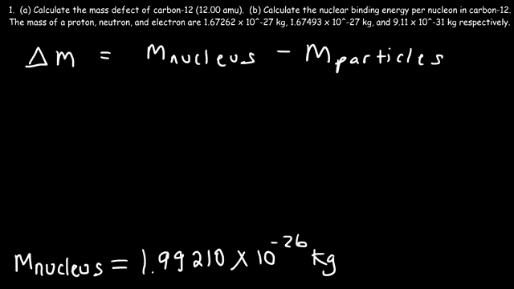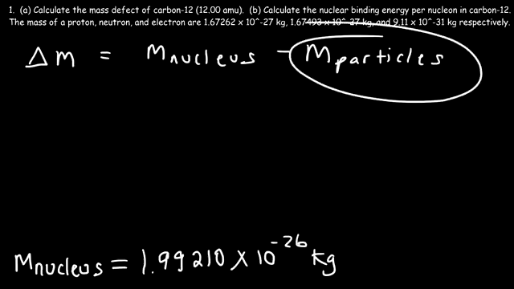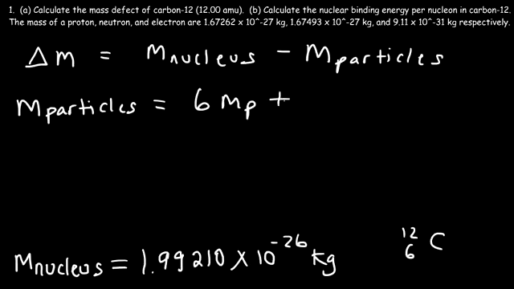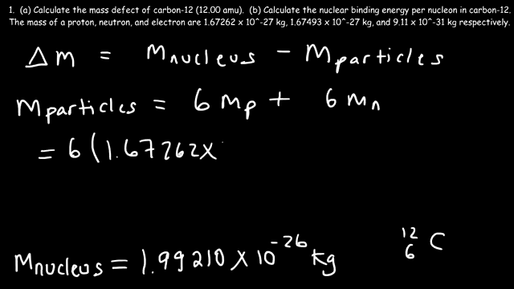So now that we have that, let's get the other stuff, the mass of the particles. We said that carbon-12 has 6 protons and 6 neutrons. So the mass of the particles is going to be 6 Mp, 6 protons, and 6 Mn for neutrons. So we have the mass of a proton, and that's 1.67262 times 10 to the negative 27. A lot of numbers to write down.